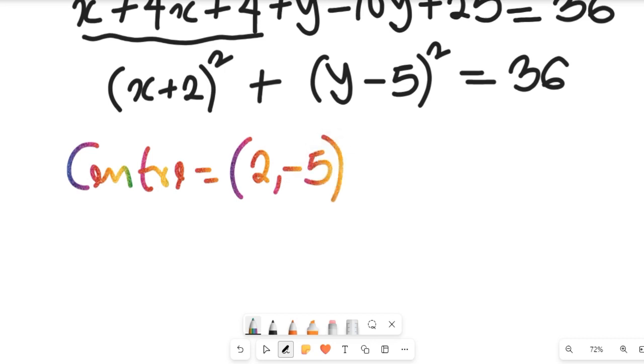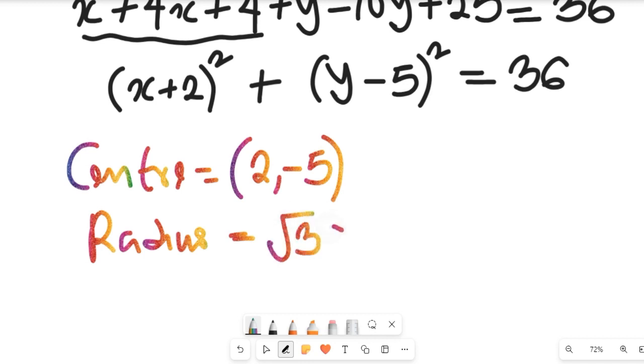And then the radius is going to give us the square root of 36, because we'll have the radius r squared to be equal to 36.